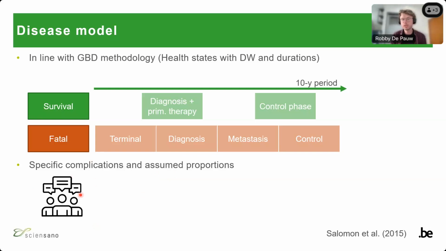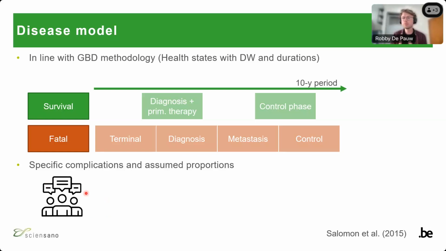Experts were invited to fill out a survey, and in this survey they could give the estimate that they would provide for complications related to specific cancers and the assumed proportion of people that would suffer from that complication. So it's not data driven, it's based on expert opinion.